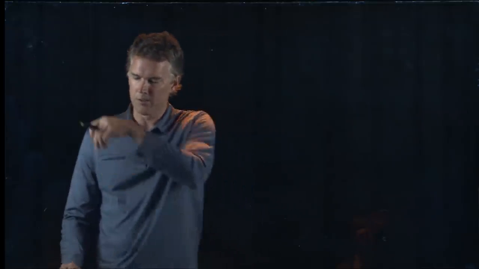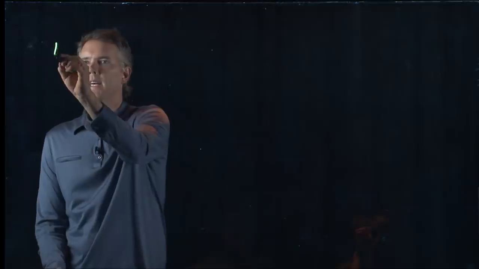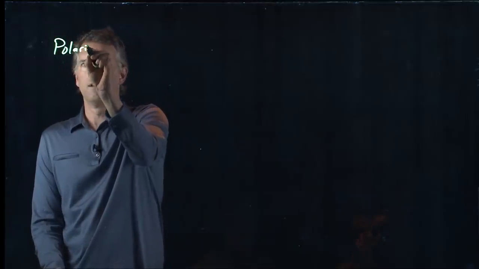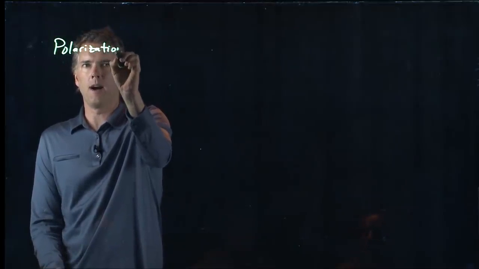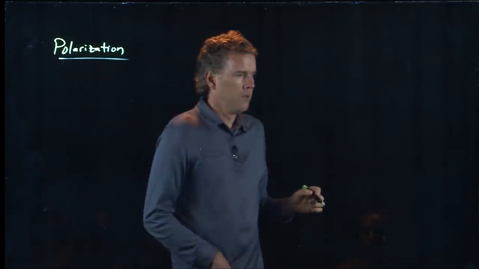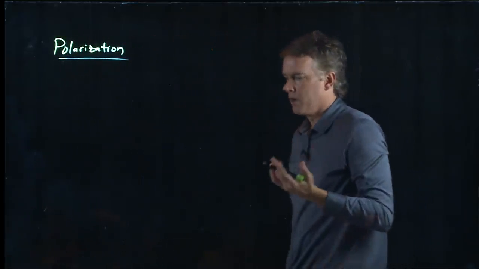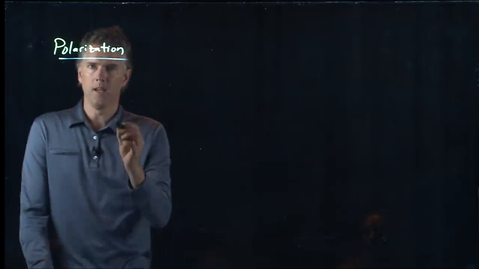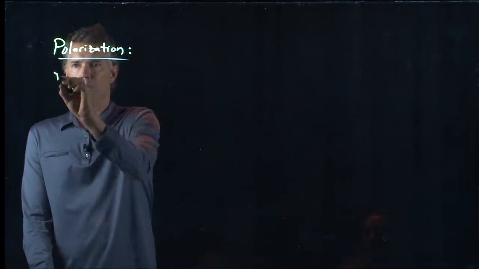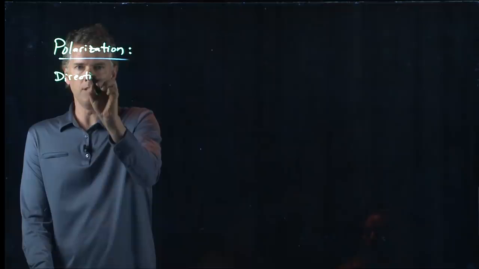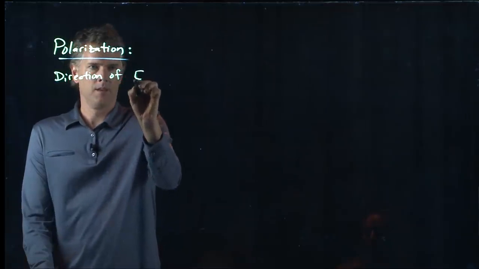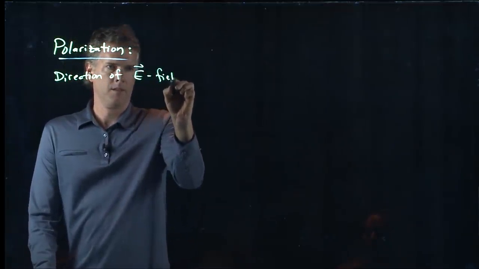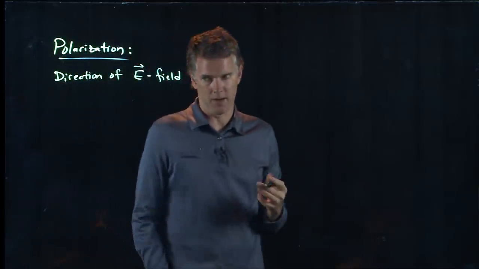Okay, one thing that we need to talk about is this idea of polarization. This is going to come back again later on when we start talking a little bit more about optics. But when we say polarization, what do we mean? Polarization is the direction of the E field. This is just how it's defined.